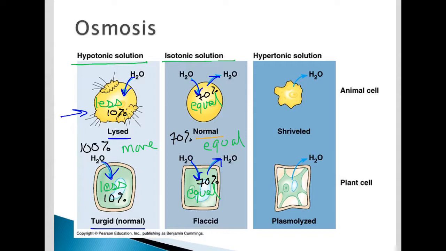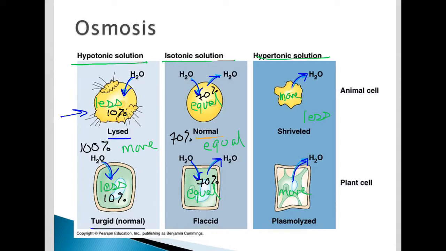Last but not least, we have a hypertonic solution. In a hypertonic solution, there is less water on the outside than there is on the inside. So there's less in the solution and more inside the cell. And again, because water likes to go from an area of high concentration to a low concentration, water will move out of the cell from that area of high inside the cell to the area of low.